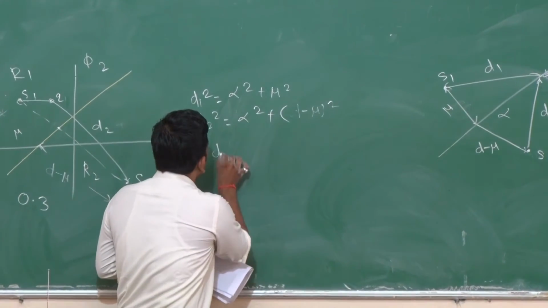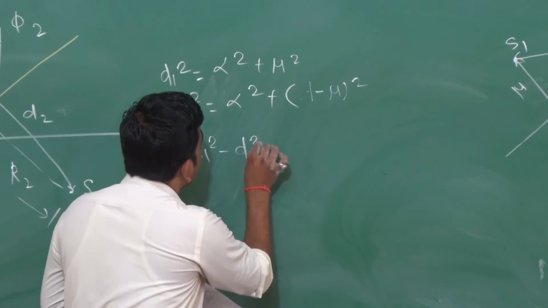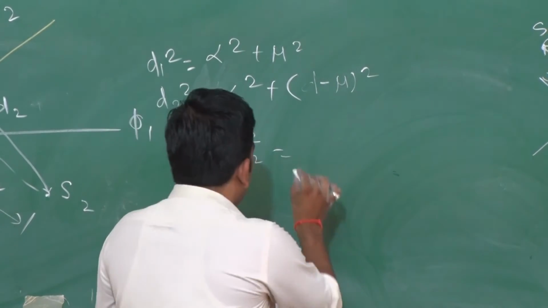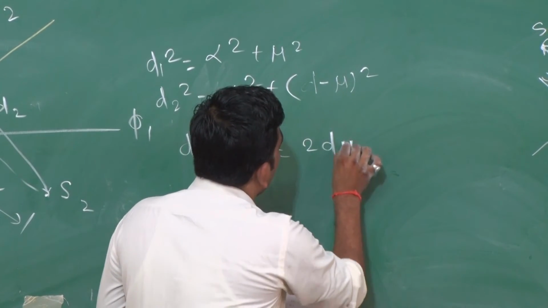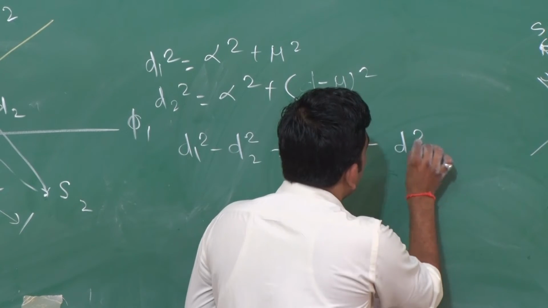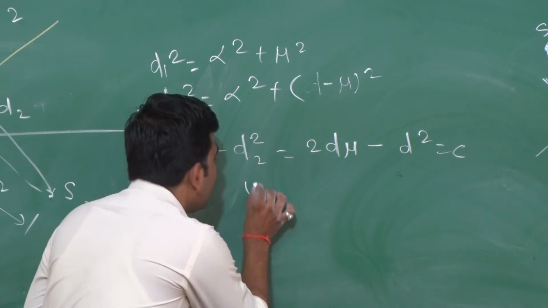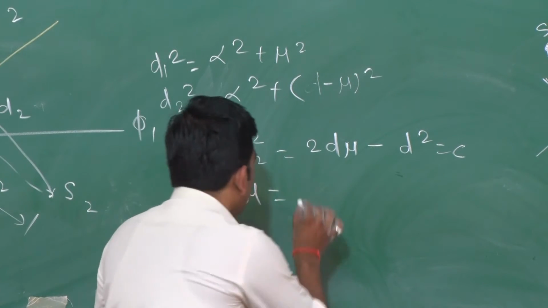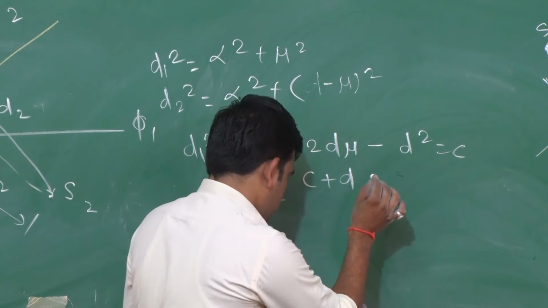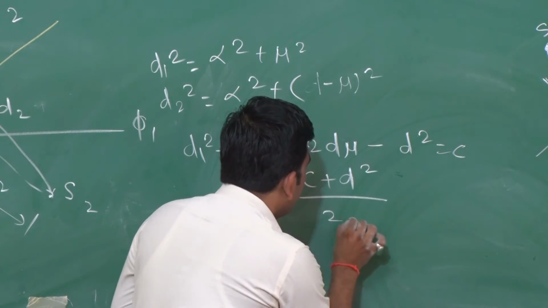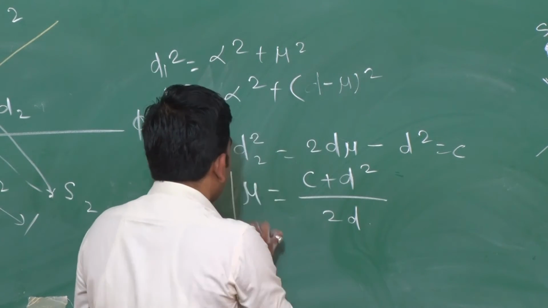So here d1 square minus d2 square is equal to 2d into mu minus d square, which is equal to c, a constant. So we get mu equal to c plus d square divided by 2d.